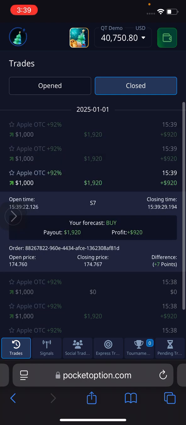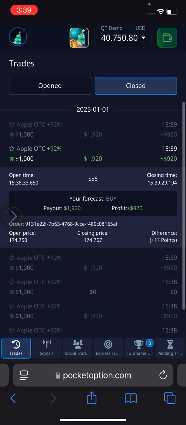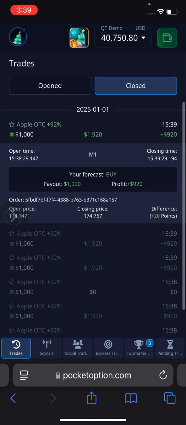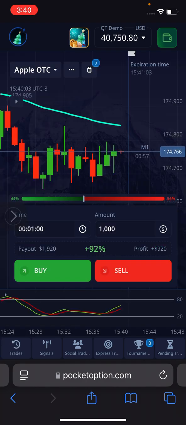I think the double up is essentially putting in a new trade that will have the same expiration time as the original trade, because these all expired at the same time. On the next video, I'll identify how they configure the entry.